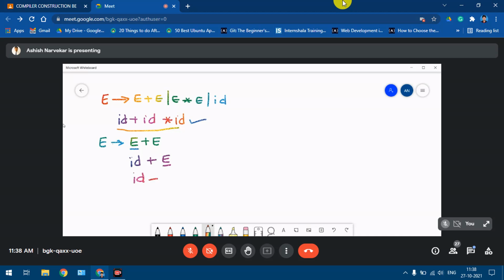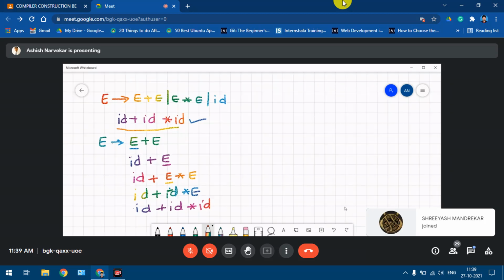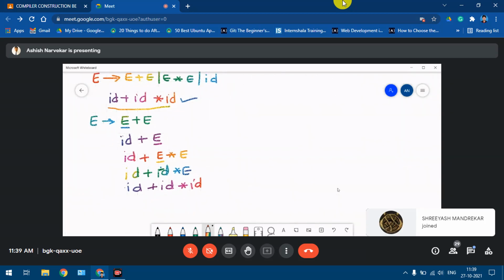So we have ID plus E star E. Now this will be the one which will be replaced, so ID plus ID star E, and finally we'll have ID plus ID star ID. Okay, so for this particular string, using leftmost derivation, we got this particular thing.